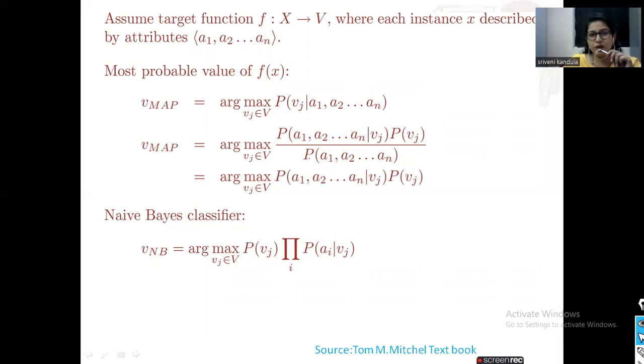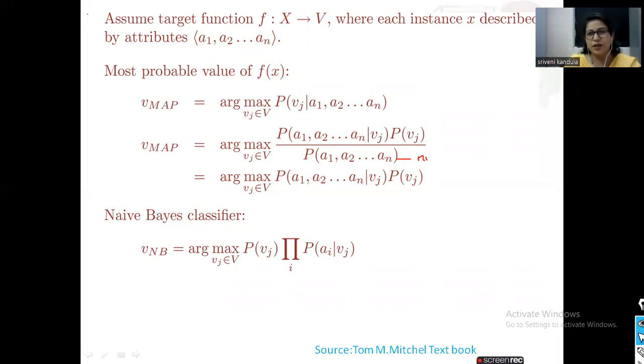Now if you observe the denominator, this is just a probability value, which is going to be some number. With this number there will not be much learning in the classifier. So in the next step we are just ignoring this and taking only the numerator.